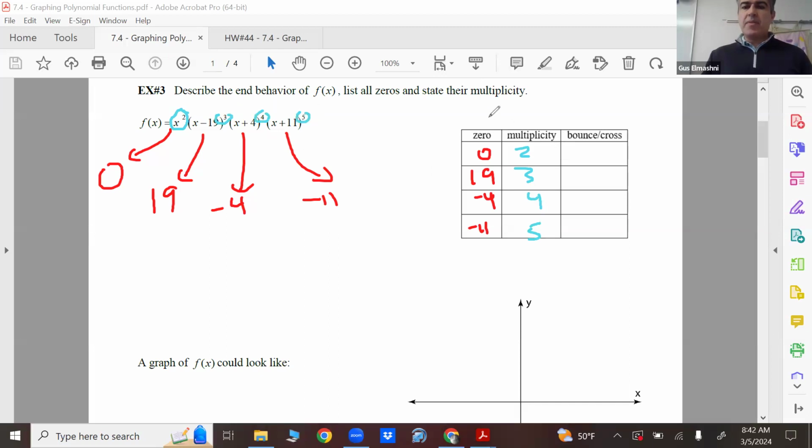Okay. If it's even multiplicity, bounce; odd multiplicity, cross. I'll explain why in just a moment, why that's true. So bounce, bounce, cross, cross.